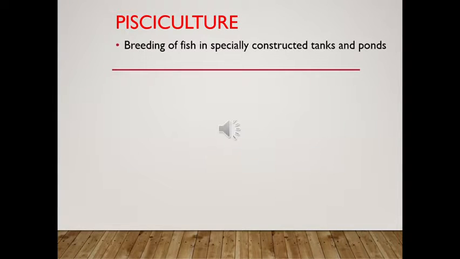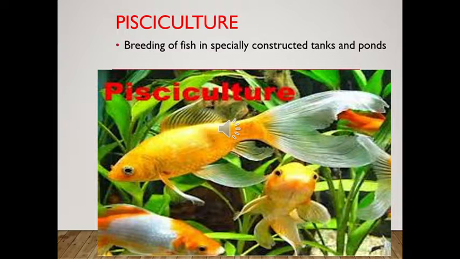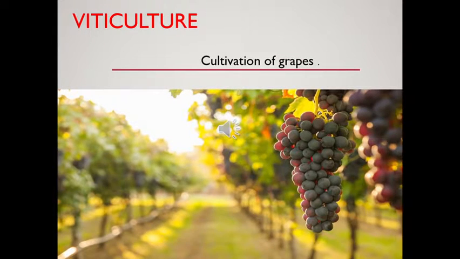Next, we have pisciculture, breeding of fish in specially constructed tanks and ponds. Next, we have viticulture. Viticulture, or wine growing, is the cultivation and harvesting of grapes.